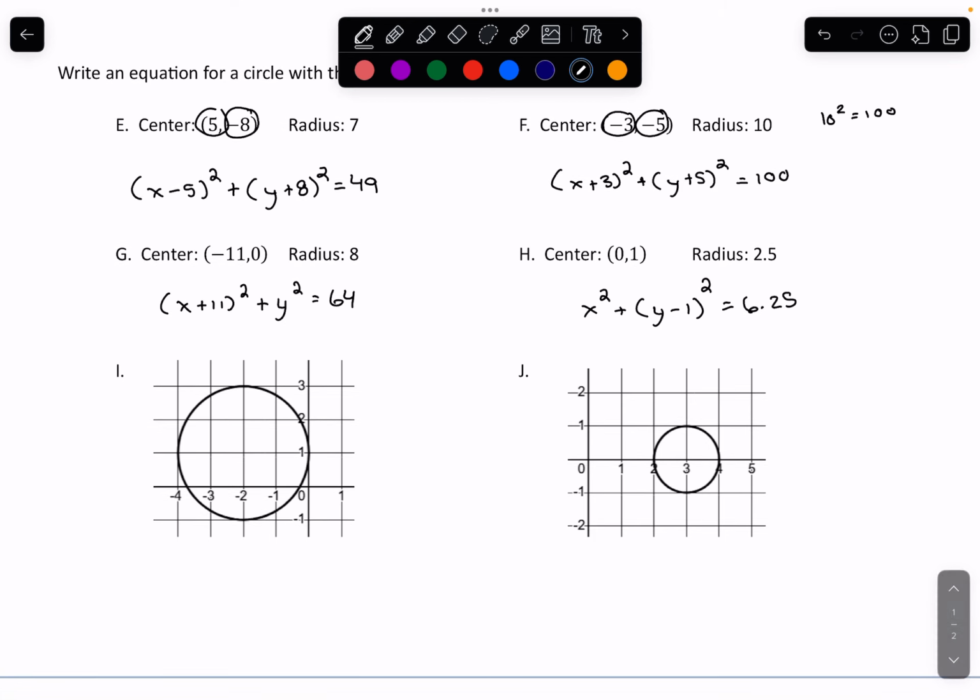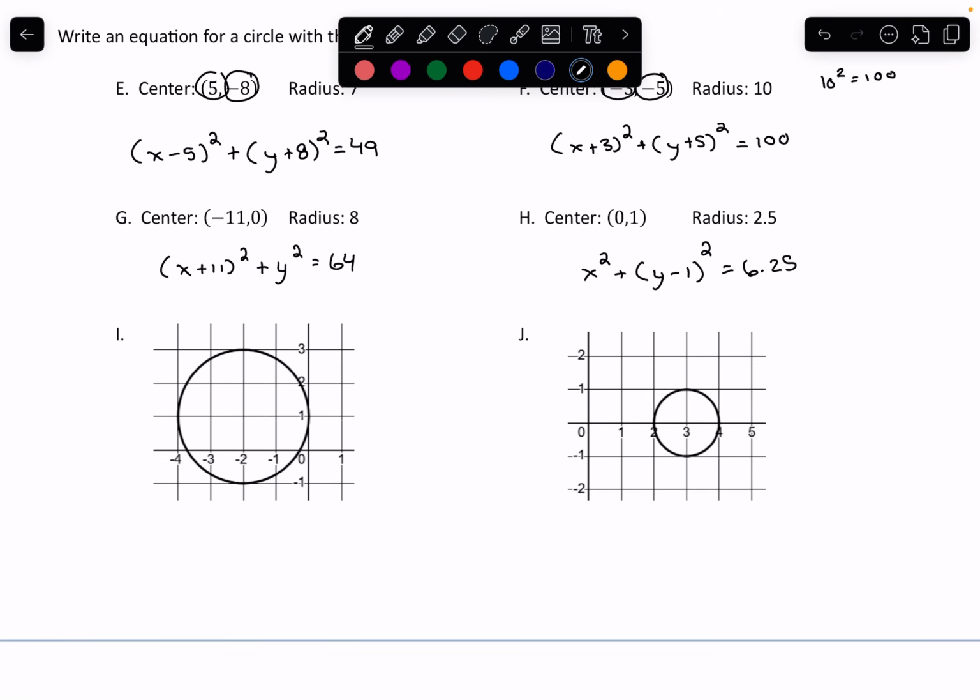All right, this circle. First of all, I need to know the center. It looks like the center of the circle is right there. So that means my center is -2, 1, and it looks like it has a radius of 1, 2. So my formula would be x plus 2 squared plus y minus 1 squared equals 4.